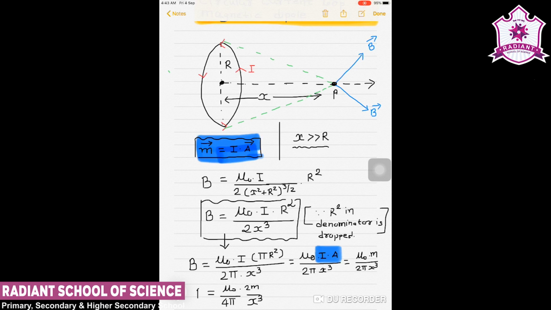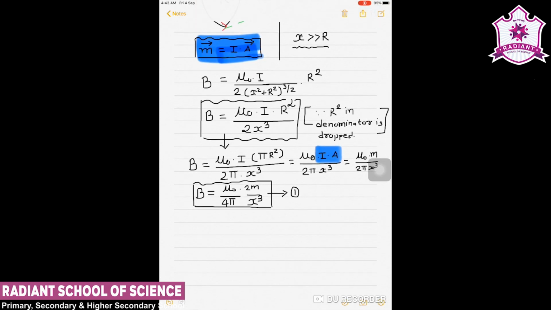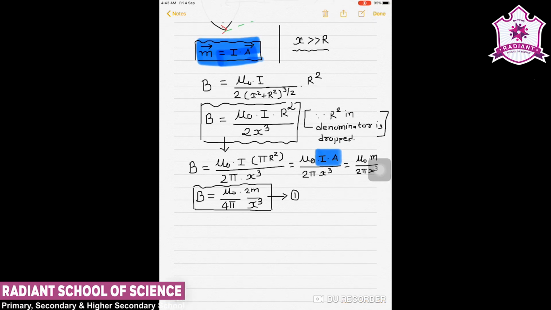If we accept this equation as the equation of the magnetic field on the axial line of a current carrying loop at far distance, then we can compare it with our well-known equation for the electric dipole, that is the electric field on the axial line.